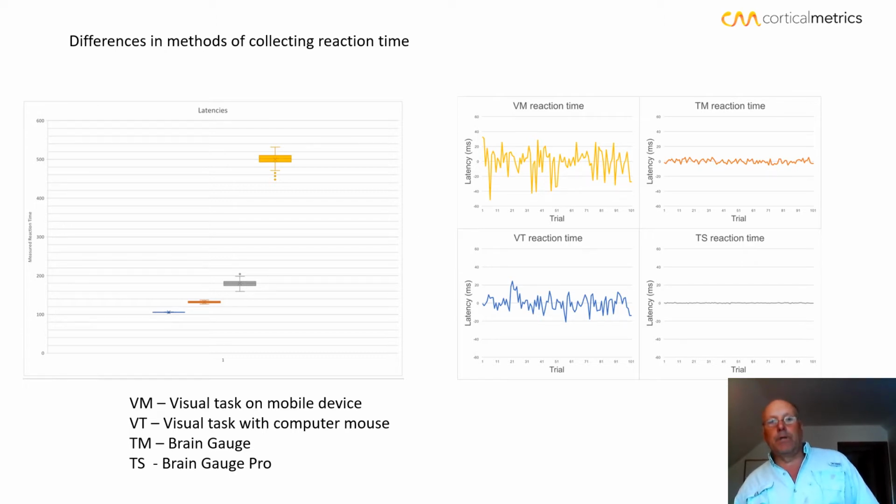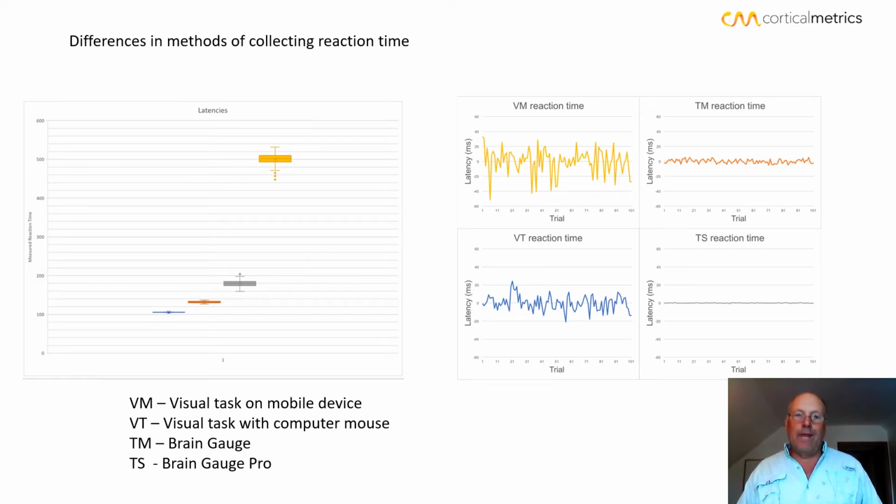We did a reaction time test where we either flashed a visual stimulus to a photodiode and then it robotically exercises the stimulus, or we deliver a tactile stimulus like you would get on the Brain Gauge and then robotically press the appropriate button for the response.